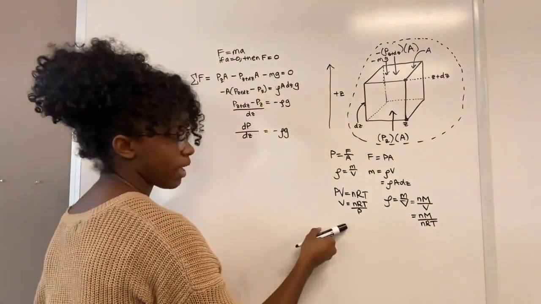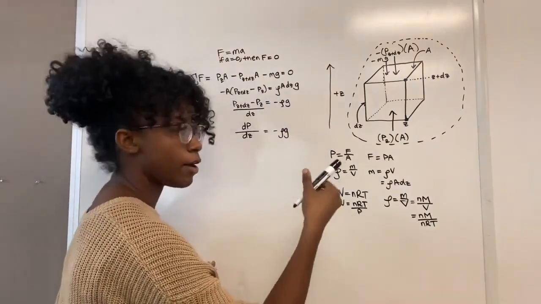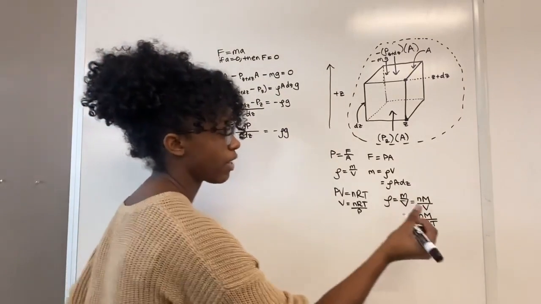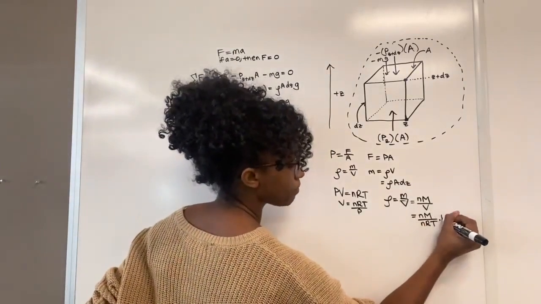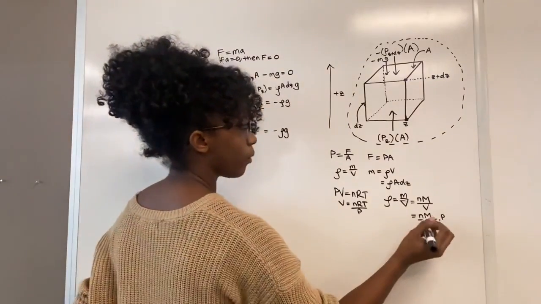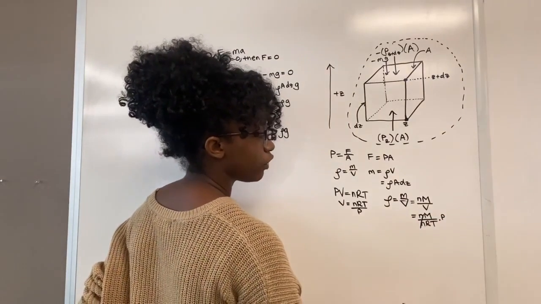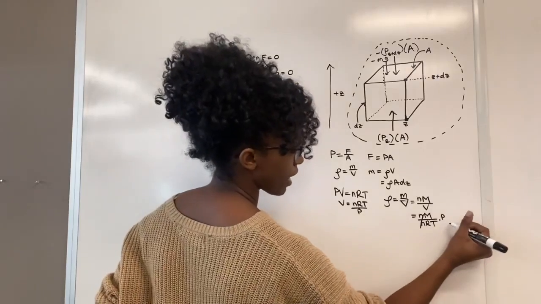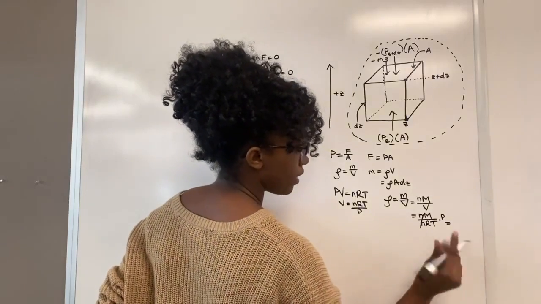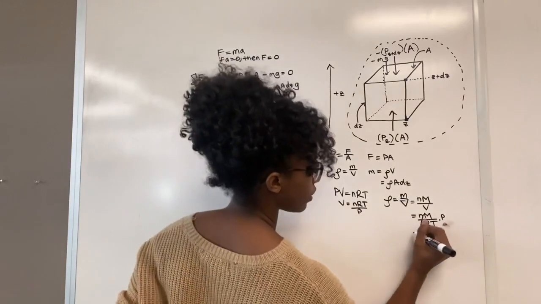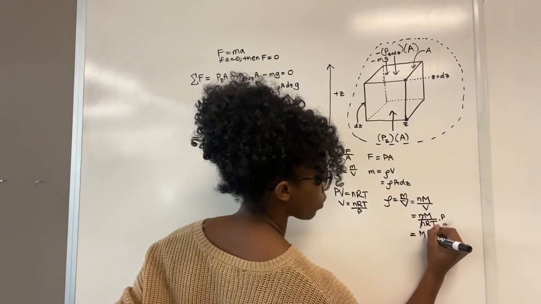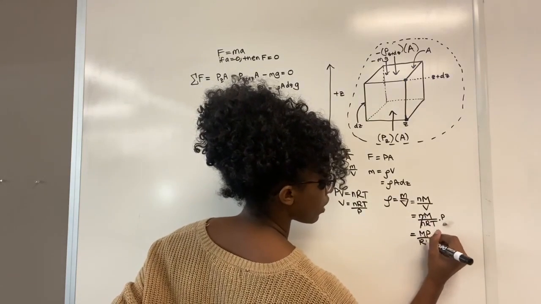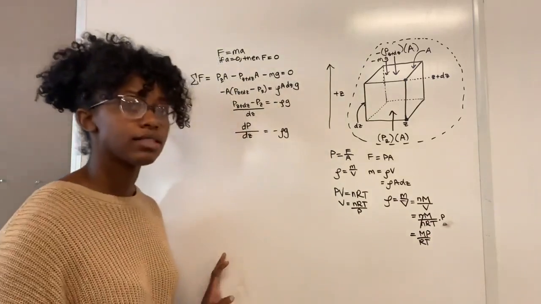And since it's divided by P and it's in a fraction, we can go ahead and multiply that on top. And we can cancel the two number of moles terms out. And then we're left with density is equal to the molecular weight times the pressure divided by the ideal gas constant times the temperature.